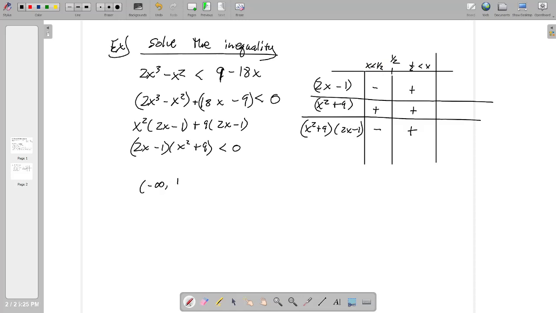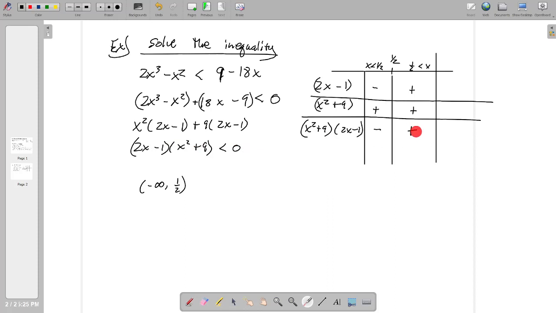And negative infinity all the way up to 1/2 is a part of the solution, right? Because any x value to the left of 1/2, i.e. less than 1/2, will yield a negative number for our polynomial. And we're looking for when our polynomial is less than 0, which is describing what a negative number is.